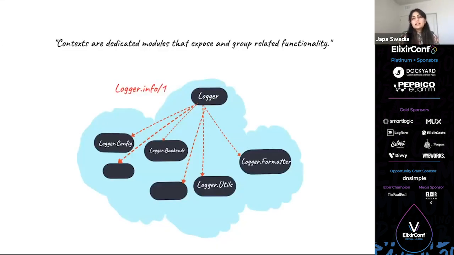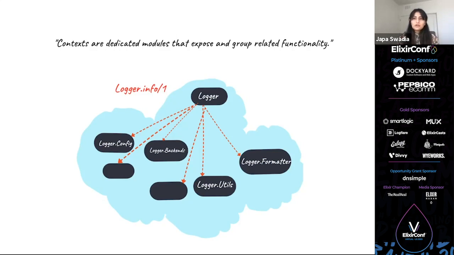Now, in Elixir, they define context as dedicated modules that expose and group related functionality. And a great example here is Logger. So when you call Logger.info, say for example, in your application to log something, you're really communicating with the Logger context, which is exposing the info functionality for you.